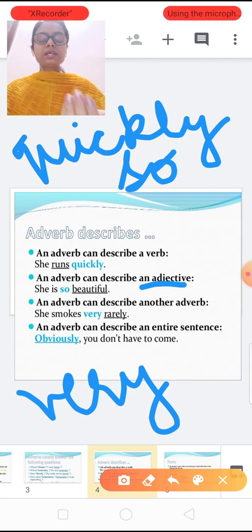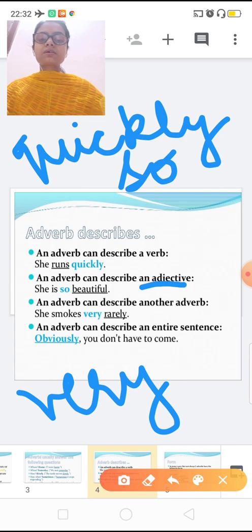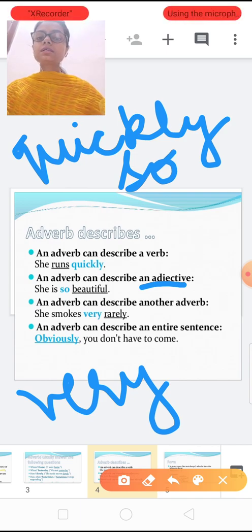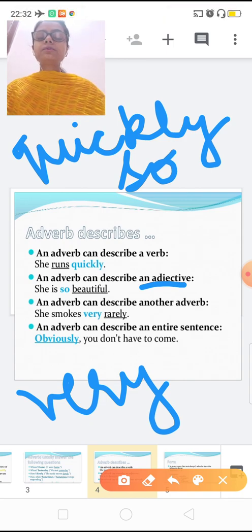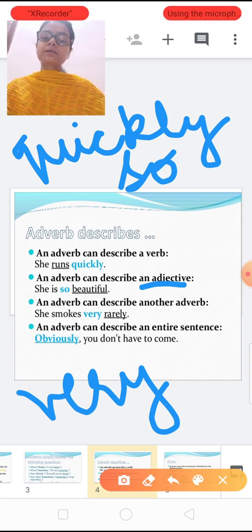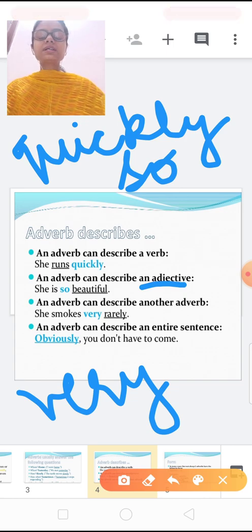So, we now know that adverb describes verb, adjective, another adverb, or entire sentence. By use of these adverb words, we describe each and every sentence clearly.